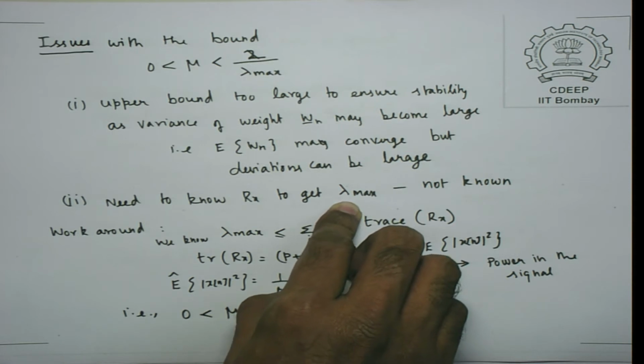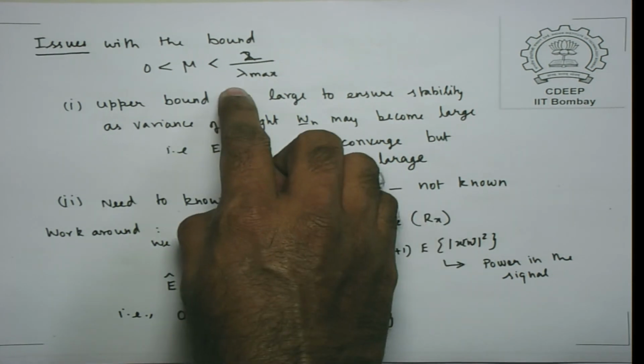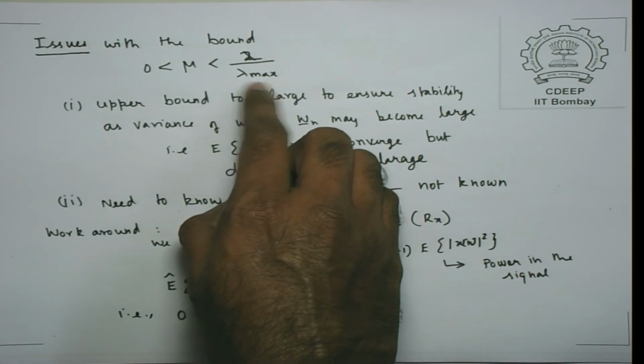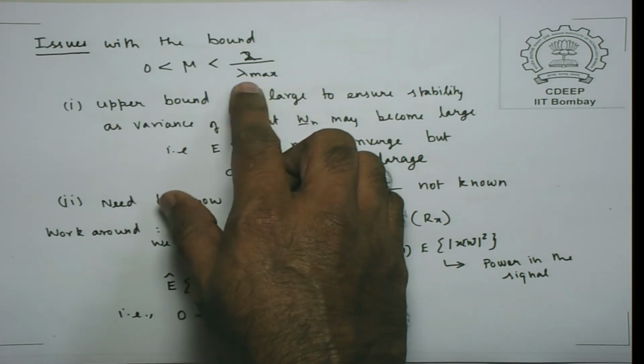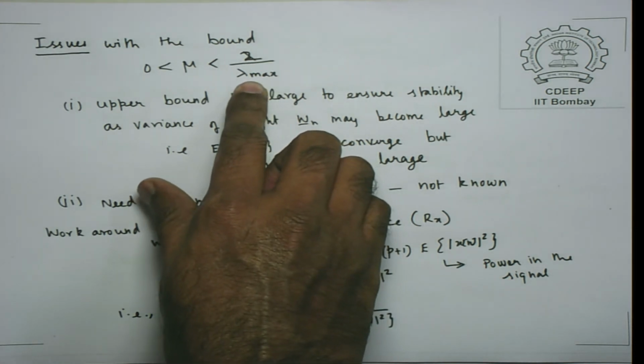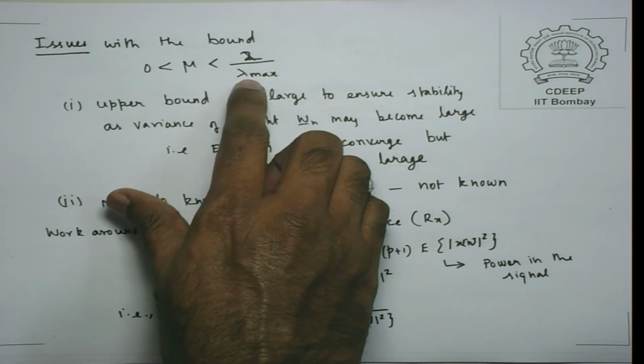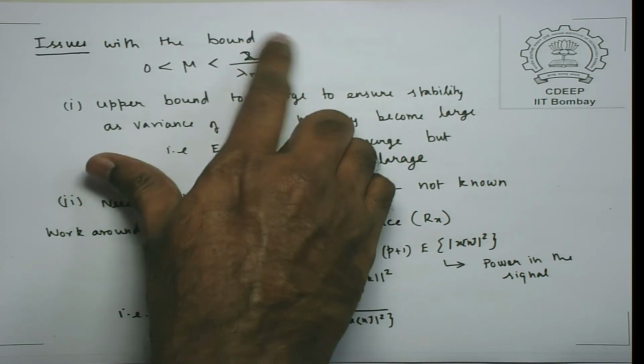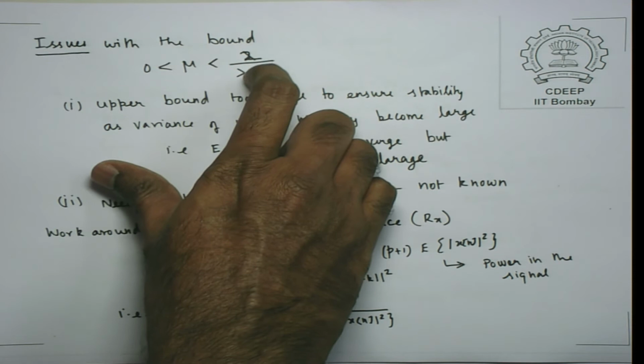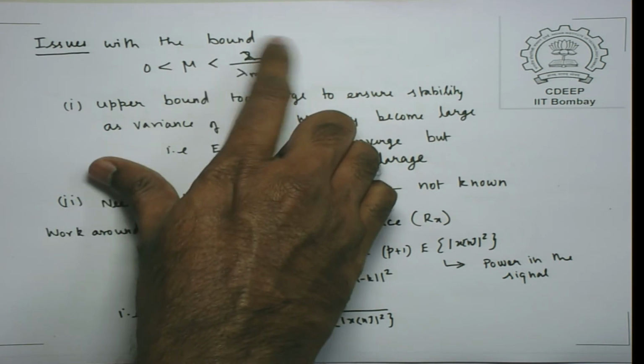And the other subtle thing is, for example, this lambda max, depending on the matrix, may not be a very large value if you normalize further. It may be a small value, and this bound, 2 over that small value, can be a large number.